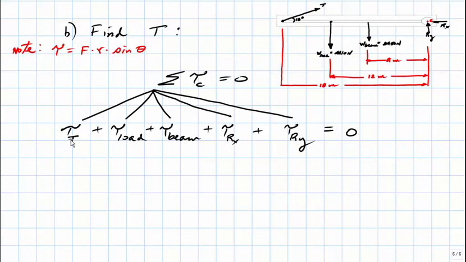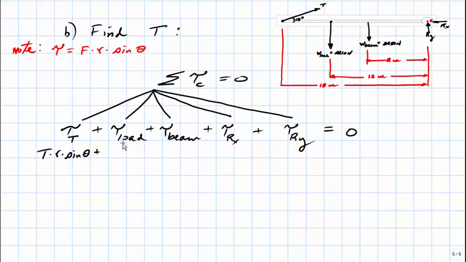And so the torque produced by the tension requires a force. Now we're calling the force of the tension T. It requires a moment arm, and it requires knowledge of the sine of the angle between those two.